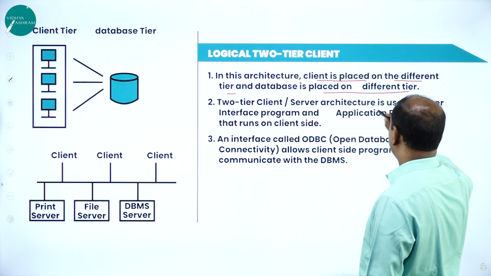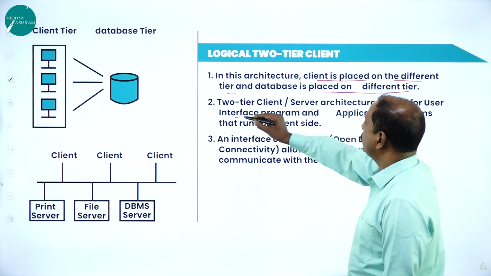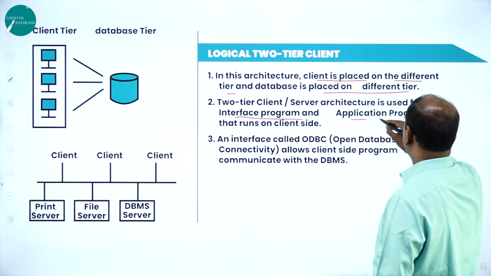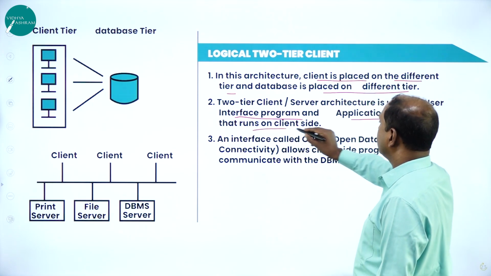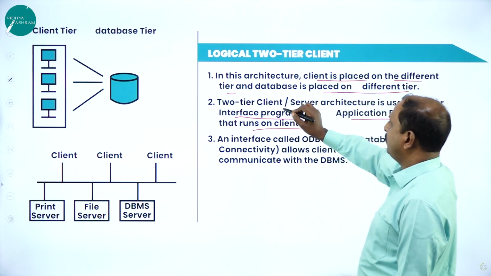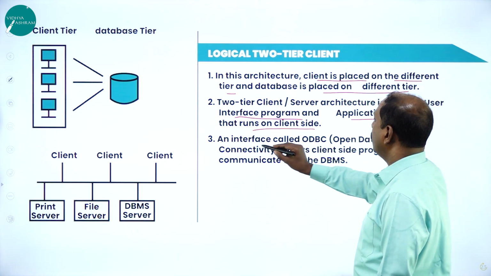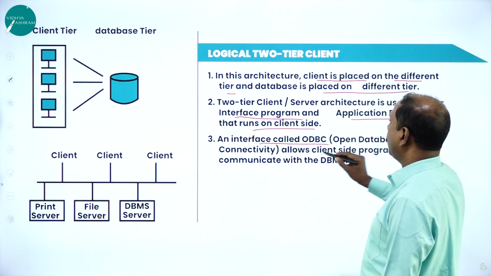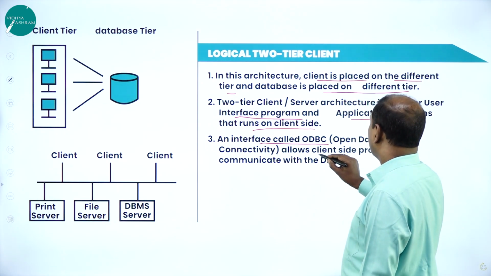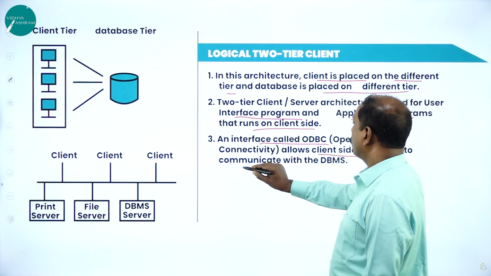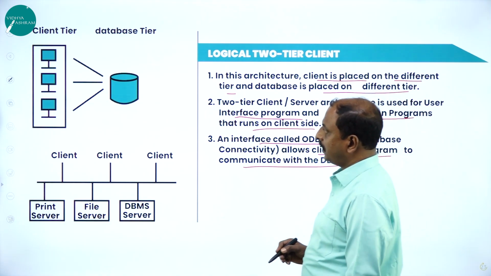Two-tier client architecture is used for user interface programs and application programs that run on the client side. Here we use an interface called ODBC, open database connectivity, which allows the client-side program to communicate with the database.